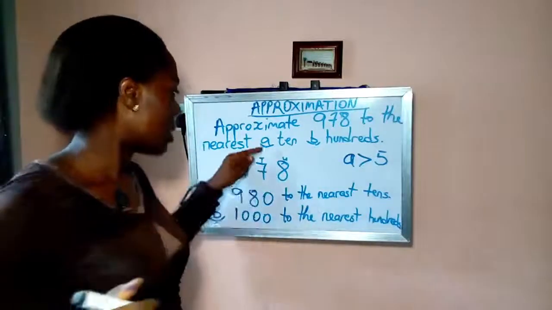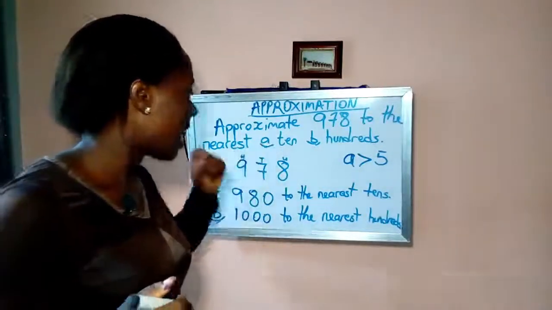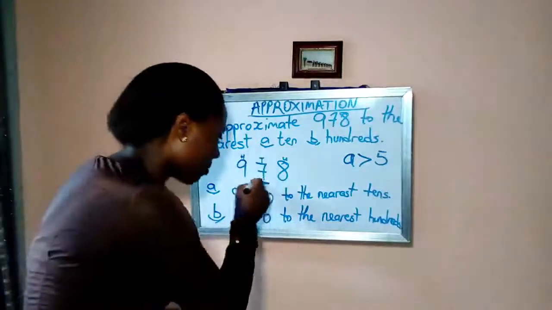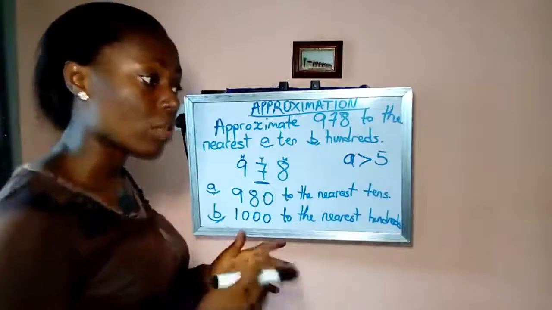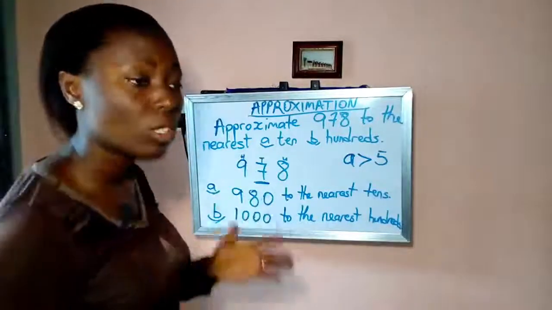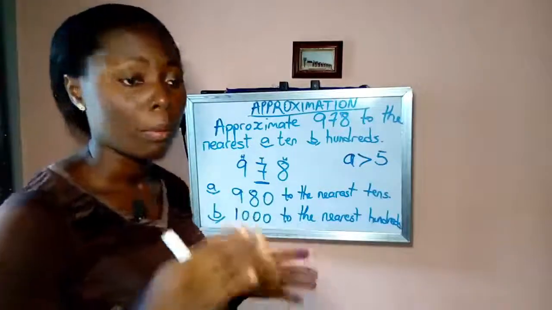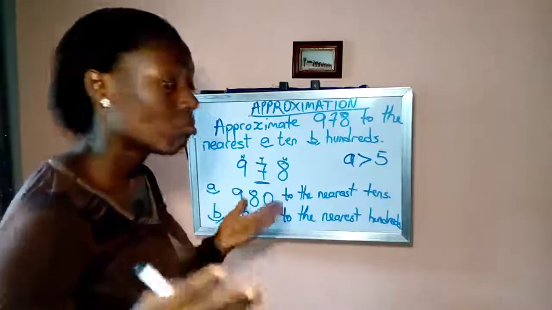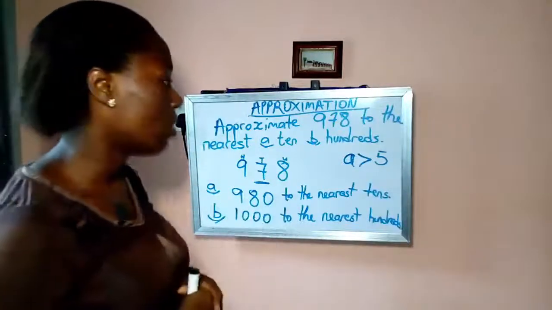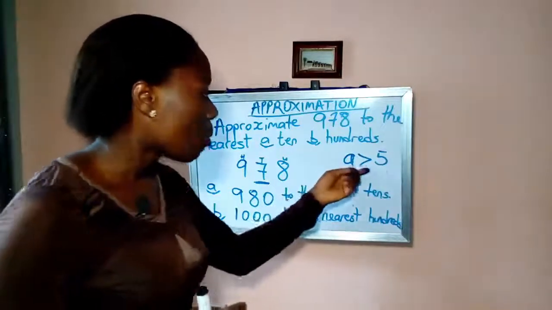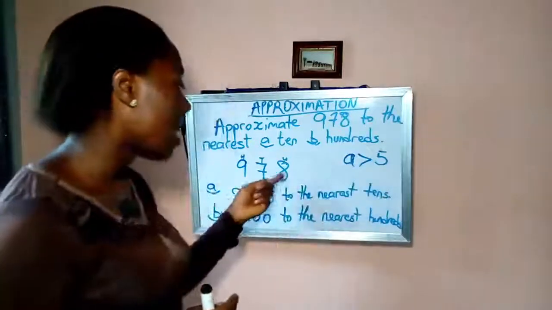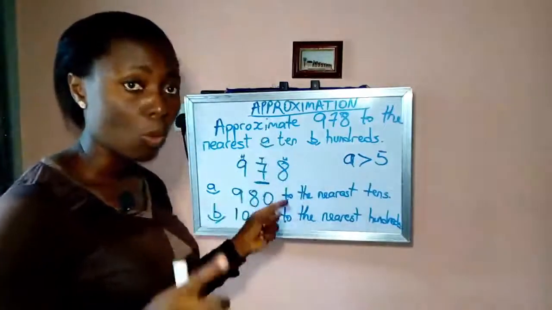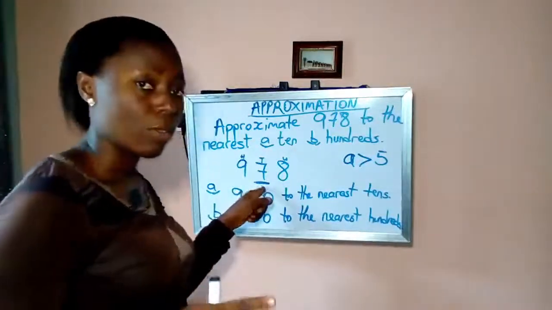So now our question says, estimate to the nearest 10. What number is in our 10 position? It is 7. Now in approximation, one of the most followed rules is that when the number is greater than 5, you round it up to 1 and add to the number in front.